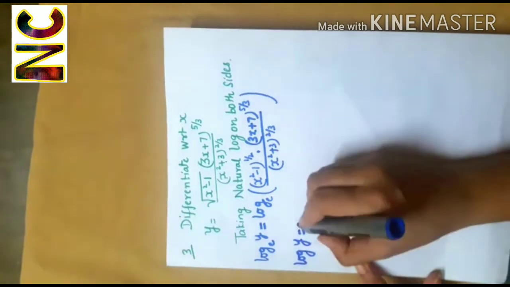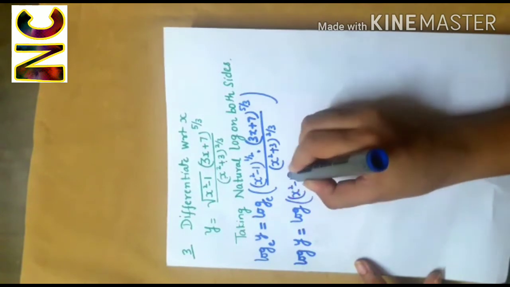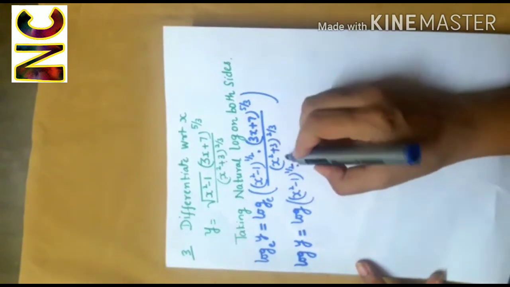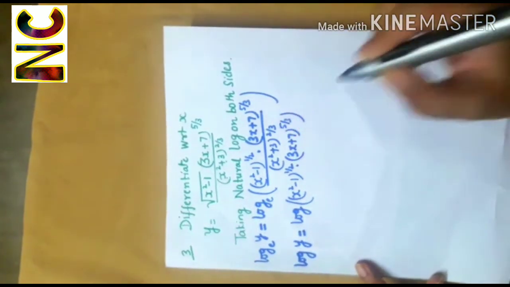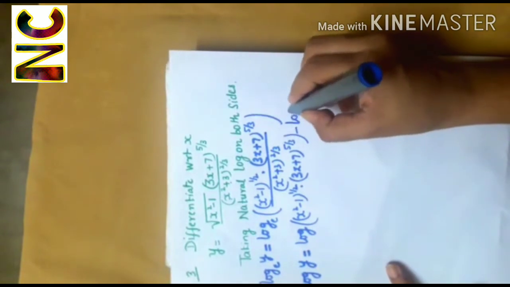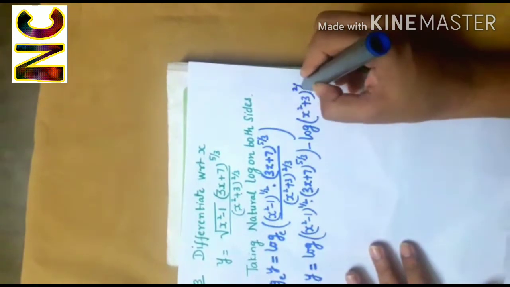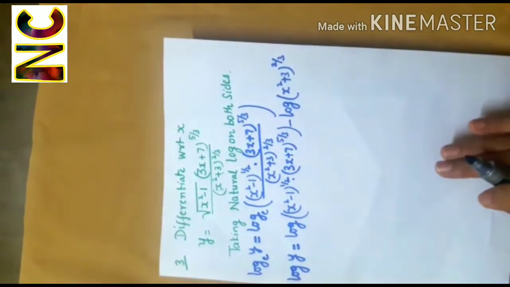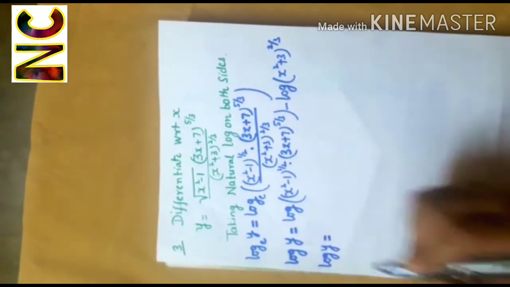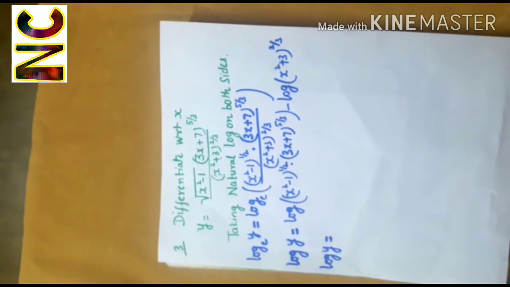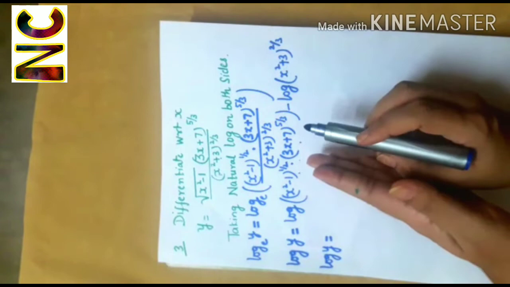So I'll get log y equal to log of x square minus 1 raised to the power half into 3x plus 7 raised to the power 5 by 3, minus log of x square plus 3 raised to the power 2 by 3. Now we also know that log of x into y is log x plus log y.